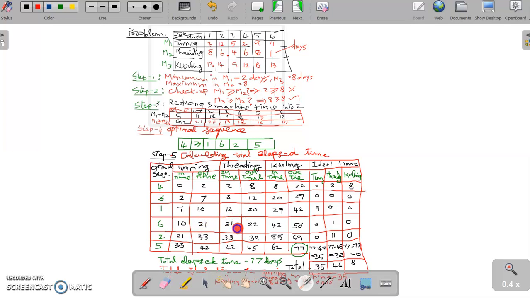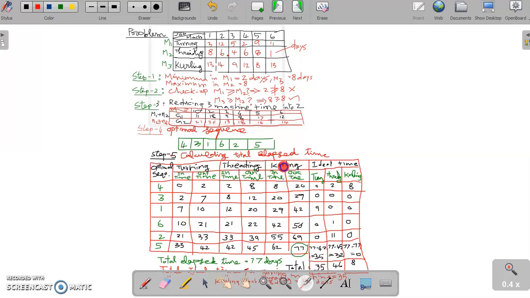Then 22 comes here because the 6th job takes 1 day. Then here 33 days, so it has to wait some days to come from here to here. 11 days it takes, that's what is coming here.